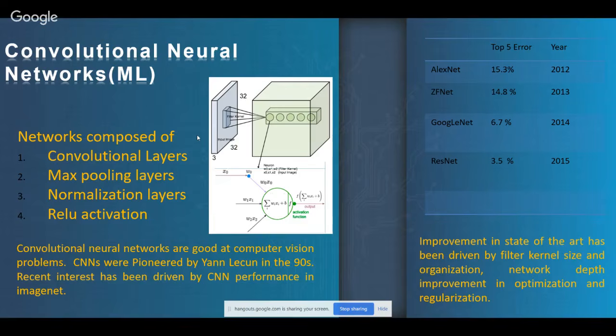And between the mid 90s, when he initially proposed convolutional neural networks, and 2012, there was not a lot of activity, or they weren't heavily adopted by the computer vision community. Part of it was because of difficulties training neural networks.